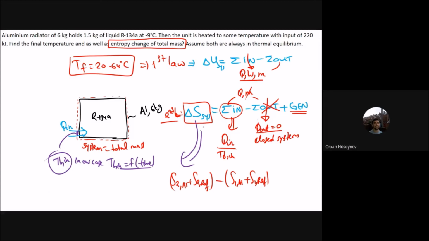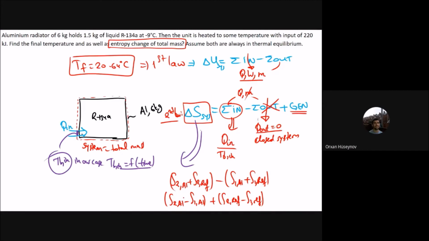This is for the left-hand side. And I can group it again, so it will be S2 of aluminium minus S1 of aluminium plus S2 of refrigerant minus S1 of refrigerant. Similarly, U2 minus U1. I'm doing the same stuff here.